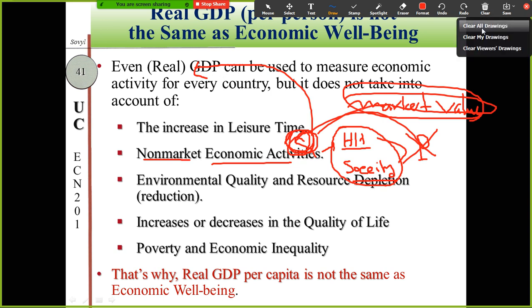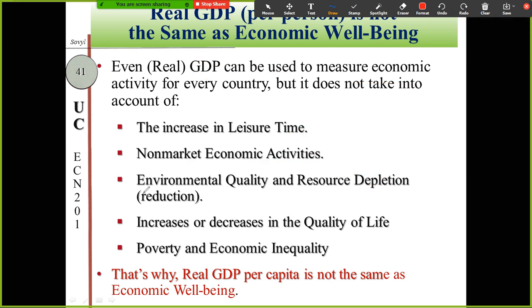The other one: real GDP per person does not take into account environmental quality and resource depletion, or resource reduction. Real GDP per person does not take into account increases or decreases in the quality of life.